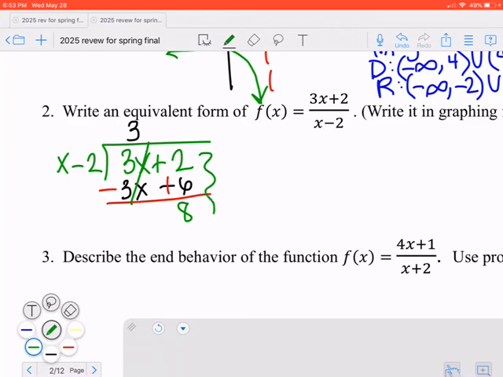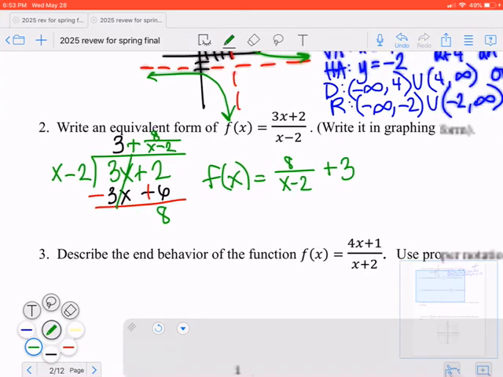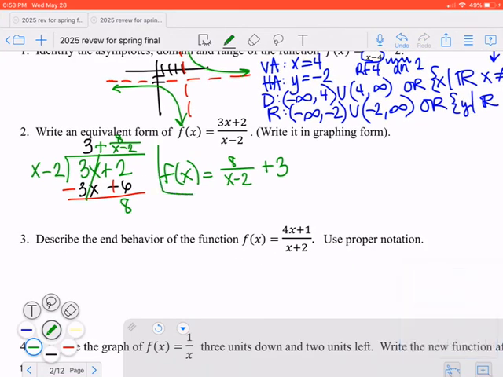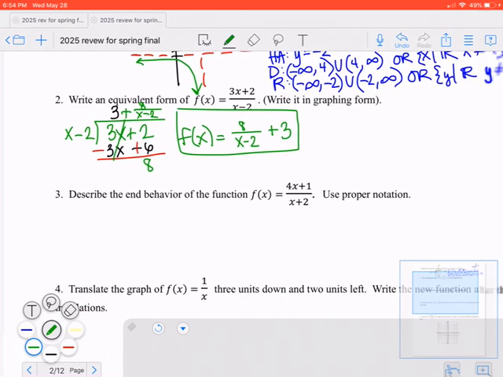There's nothing left to bring down. So I write our remainder as plus 8 over x minus 2. To switch that around so it's in graphing form, I just put the fraction first: 8 over x minus 2 plus 3. And so there it is in graphing form.